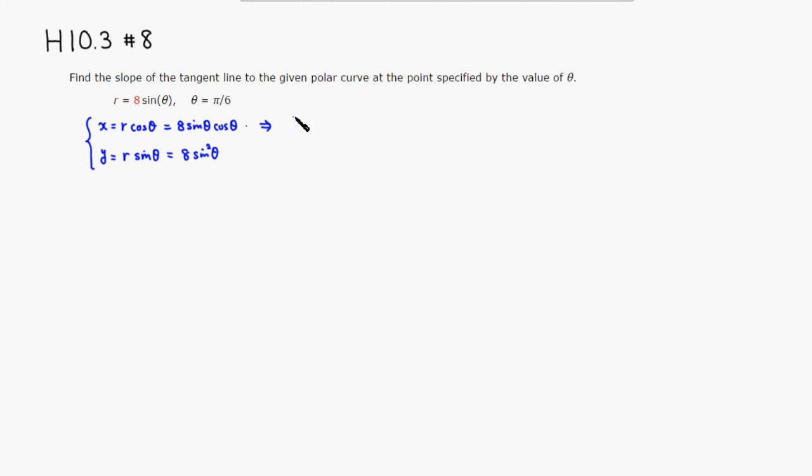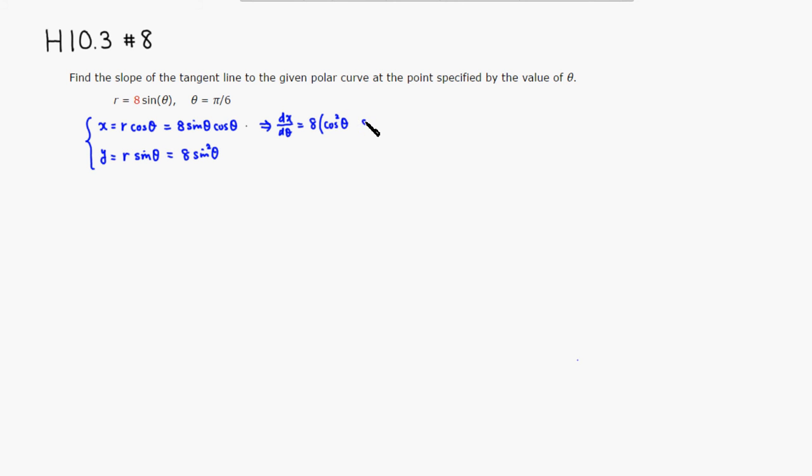So dx over d theta. 8 is just a constant, so I'll put it there. Then the derivative of a sine is a cosine, so cosine of theta times cosine, so I'm going to put square.